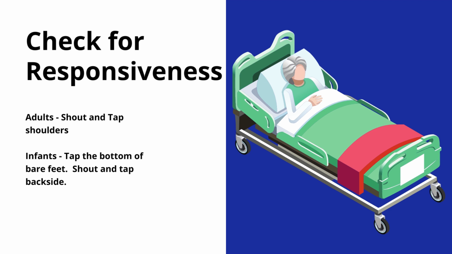But in most cases, people will respond to their name. They will respond to sudden loud voices, and the idea here is to determine, can your patient respond to you? So we're going to check the patient for responsiveness.